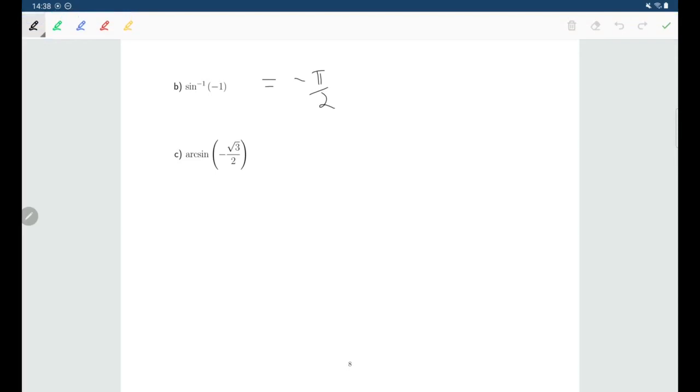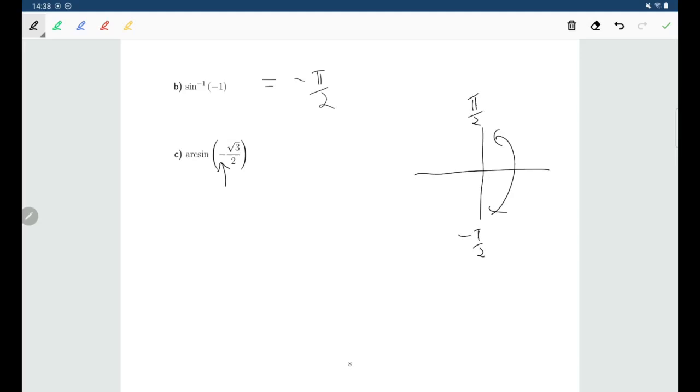All right, next one up, arc sine of negative root 3 over 2. So again, arc sine and sine inverse, they both mean the same thing. It's the inverse function of the sine function. I know that I'm looking for the output of my sine function to be negative, and if you're remembering, we said that we were defining sine on the domain from negative pi over 2 to positive pi over 2, just in that little interval that we've got there.